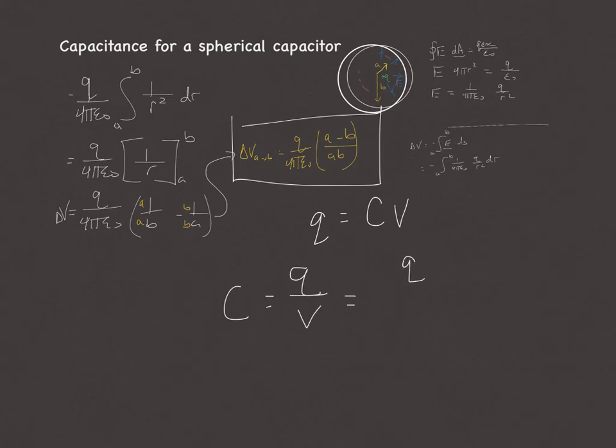So we have Q over Q over 4 pi epsilon naught times A minus B over AB.